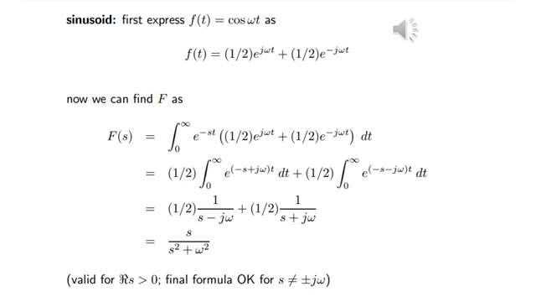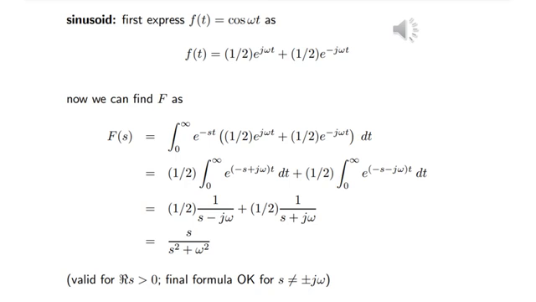If we apply this integration, we'll have half of 1 divided by (s minus j omega) plus half of 1 divided by (s plus j omega), and we can take the LCM of s minus j omega and s plus j omega. That will become s square plus omega square in the denominator, and on the numerator side we'll have s.